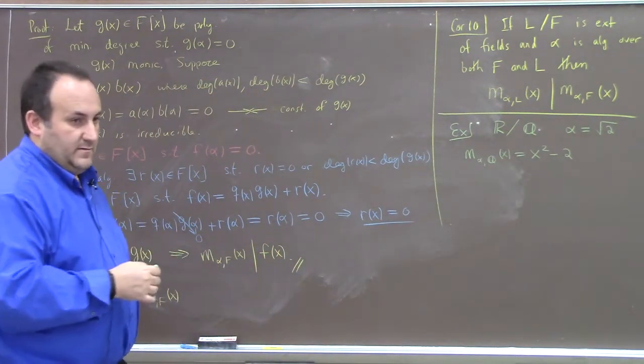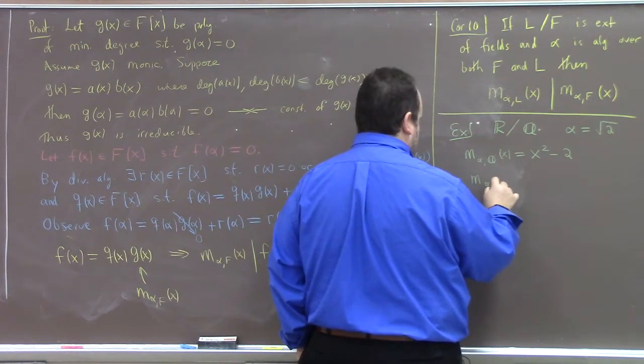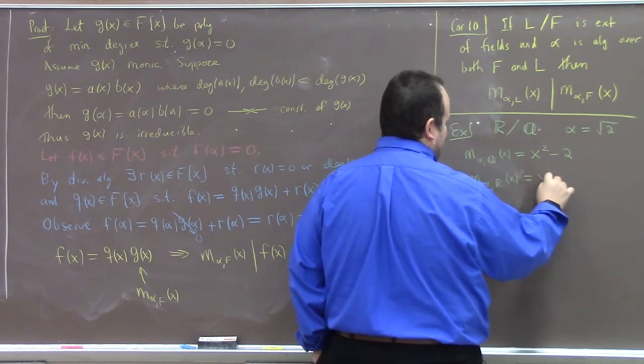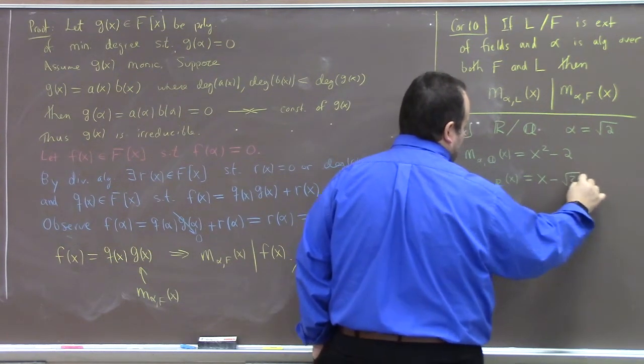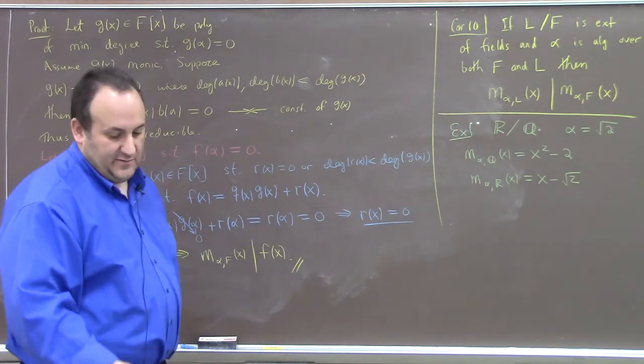But of course, the minimal polynomial of this with respect to the real numbers is just x minus root 2. That takes the square root of 2 as a 0.